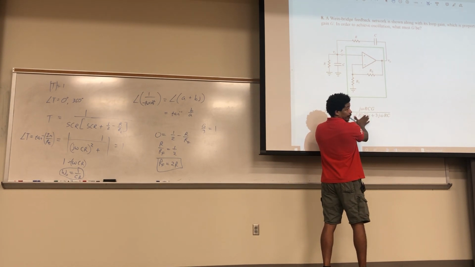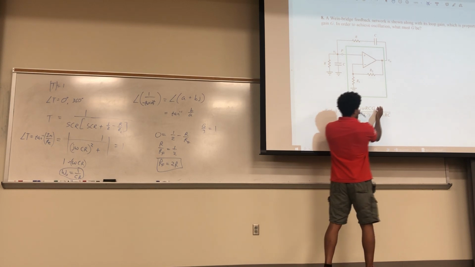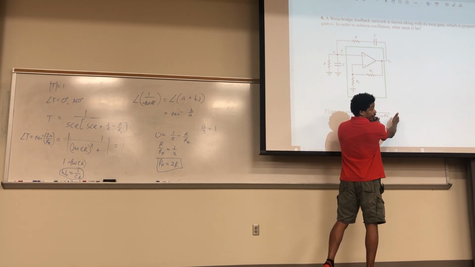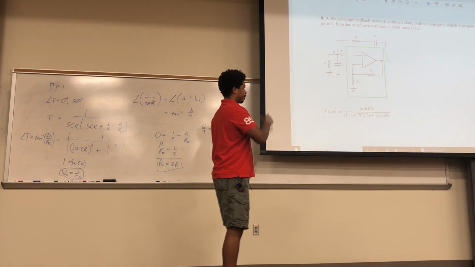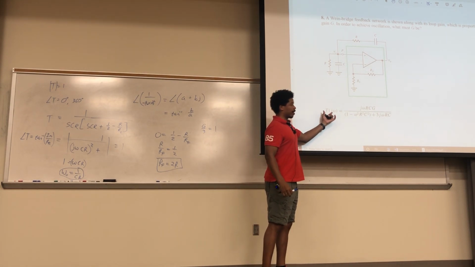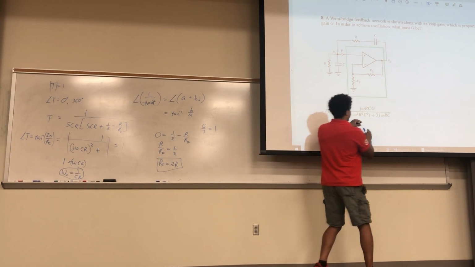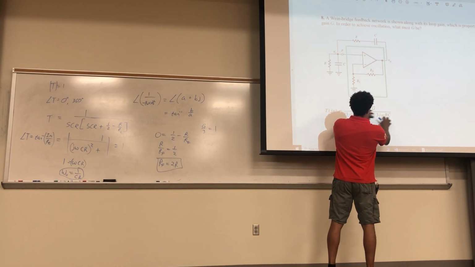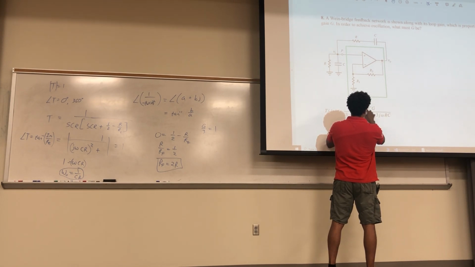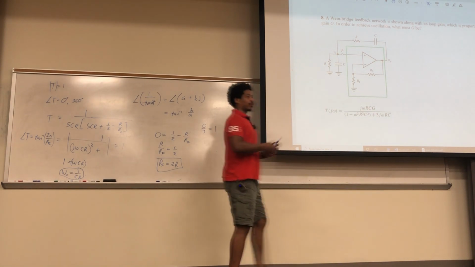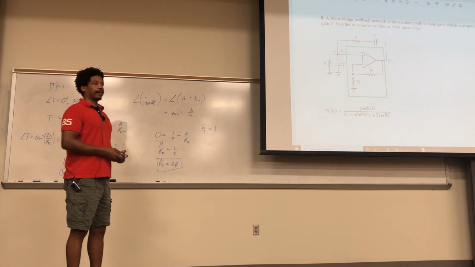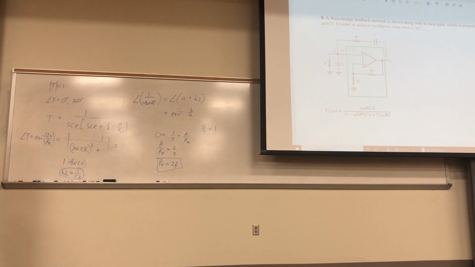But if this whole thing is 0, then you just have this numerator over that denominator. Then for the Barkhausen criterion, you need the magnitude of this to be 1 or the angle to be 0. The nice thing is that the J, omega, R, and C terms cancel out, so all you have left is your G over 3, and the magnitude of that has to be equal to 1.